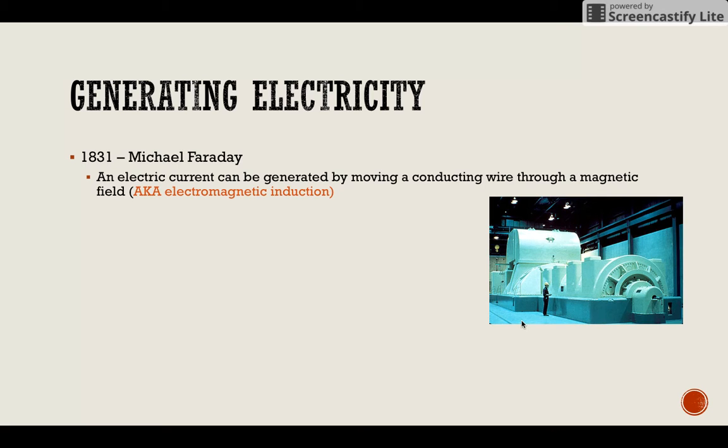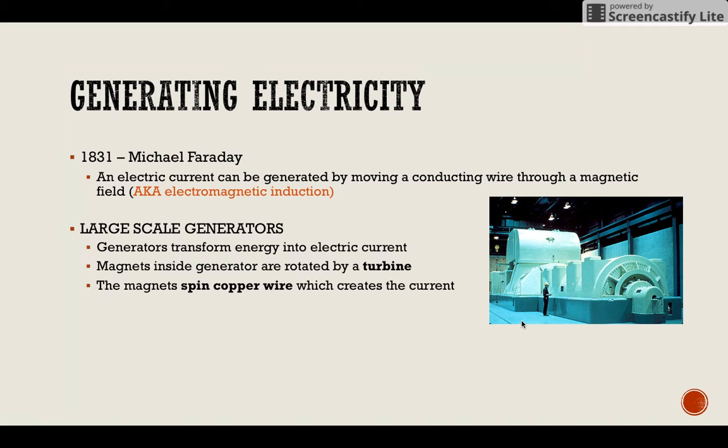Okay, great. Now, what does this have to do with electricity today? Well, large-scale generators that many of the cities use are actually electromagnetic induction just on a larger scale. These generators transform energy into electric current. Each generator has magnets inside of it that are rotated by a turbine.